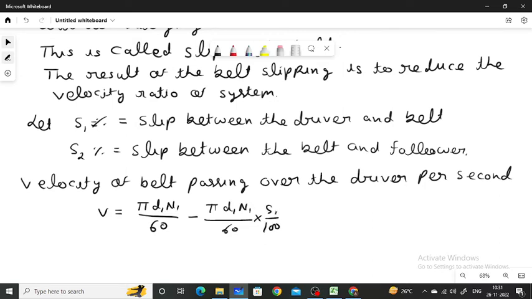This is the slip velocity due to the slip. So the actual velocity will be pi d1 n1 upon 60 into 1 minus s1 upon 100.